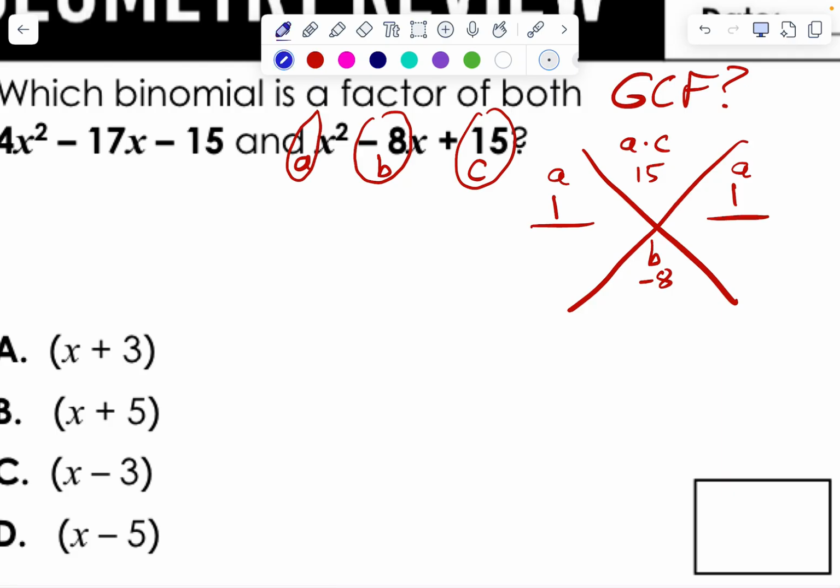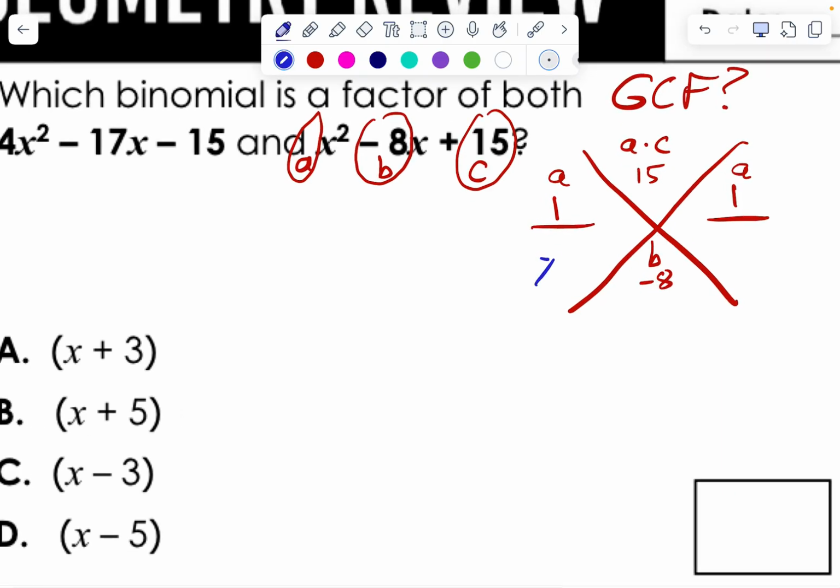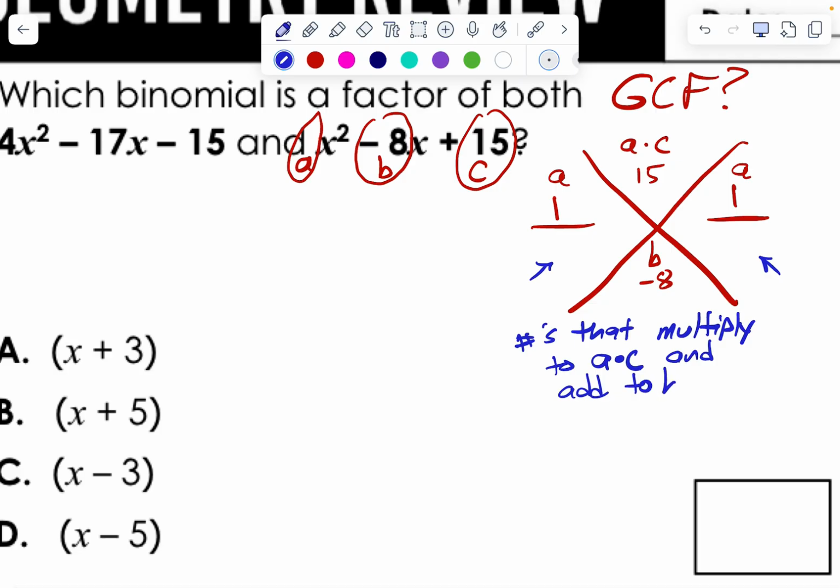Okay, now we look for numbers in these two side fractions. I'm kind of using this as a teaching reminder. We look for numbers that multiply to a times c, and at the same time add to b.